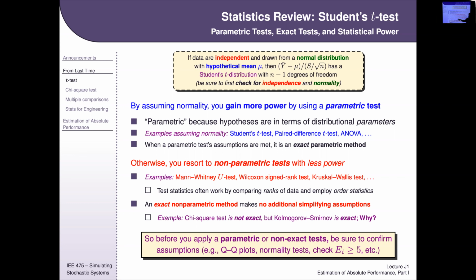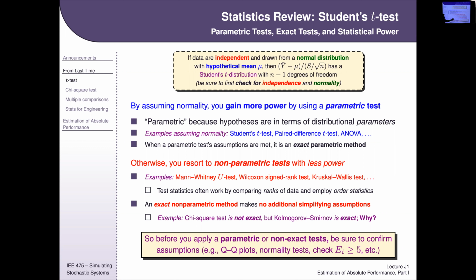And then on top of all of that, we have a term, exact non-parametric, and an exact non-parametric makes no additional simplifying assumptions. A non-parametric test says, I don't assume anything statistically. It doesn't have to come from one distribution or another, but like the chi-squared test, I might still assume that I have expected values in each bin greater than or equal to 5.